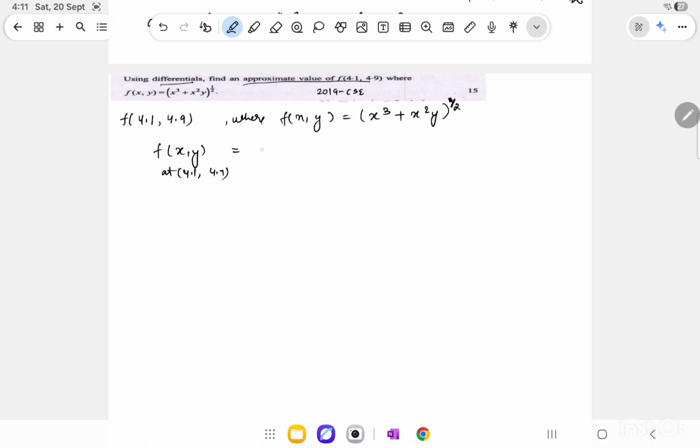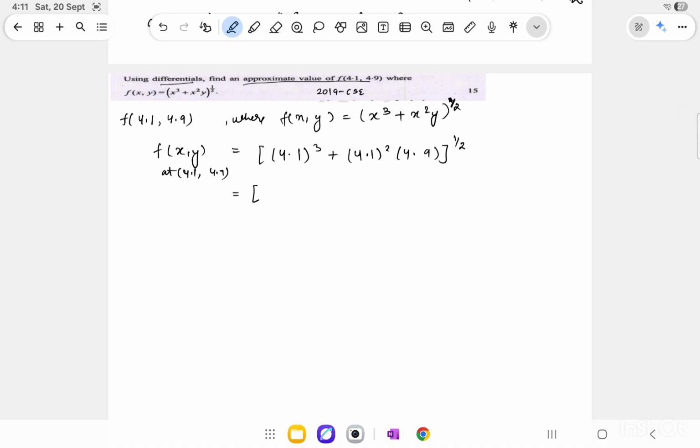So that will be basically 4.1 cube plus 4.1 square into 4.9 raised to 1 by 2, and you can use a calculator to calculate it.